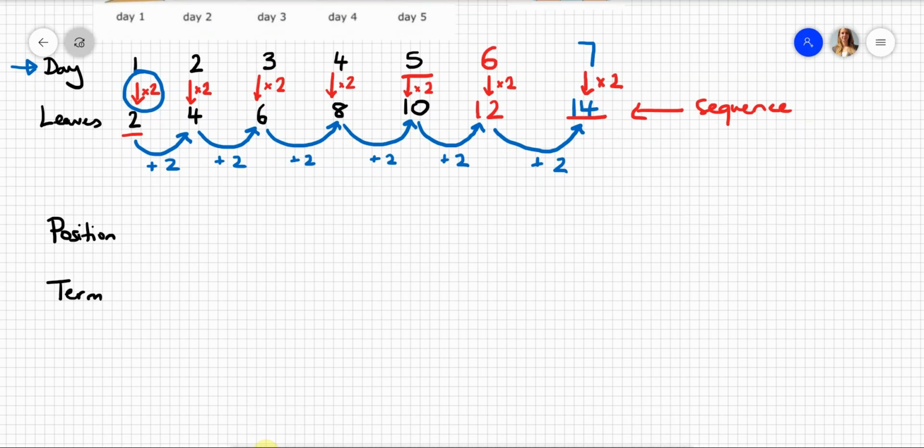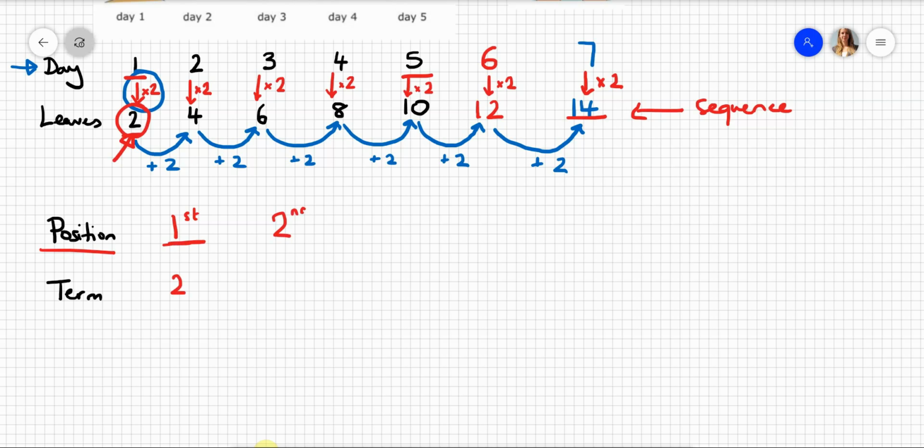So what do I mean by that? Well, when it was day 1, that is the first term, and the first term was 2. So the position is that it was the first term in the sequence. And what is the actual term? The actual term is 2.